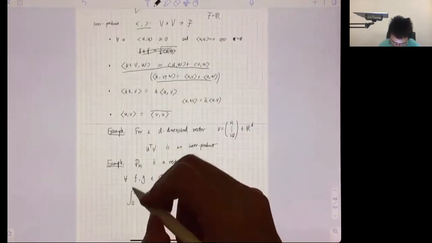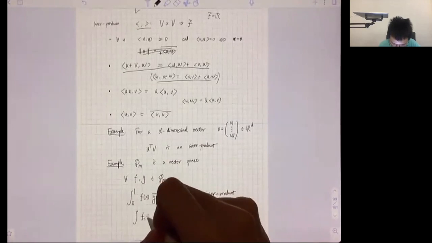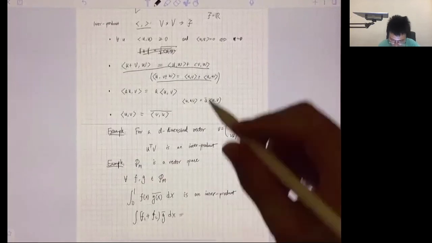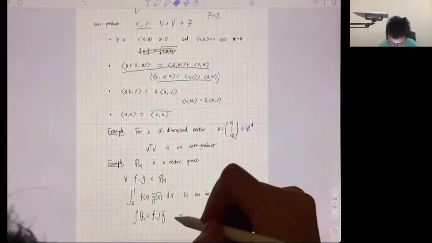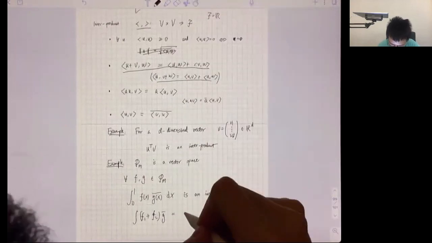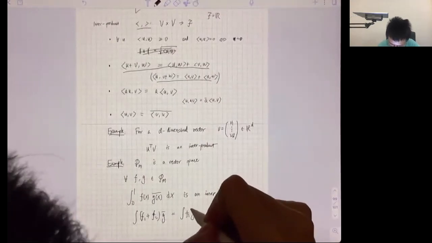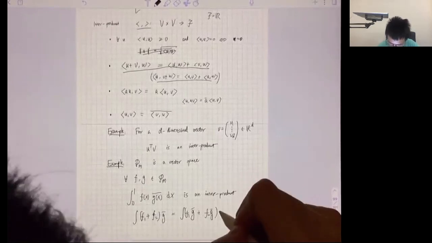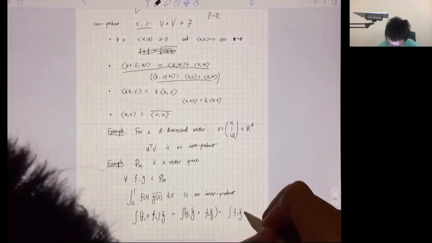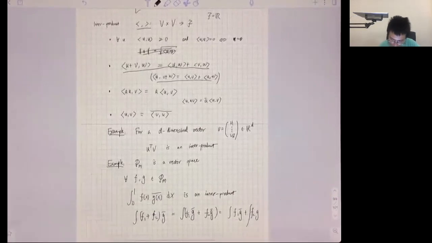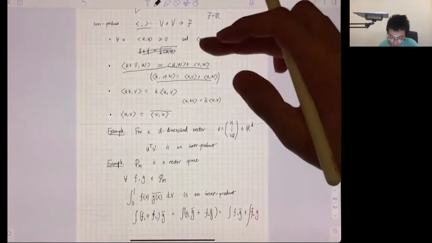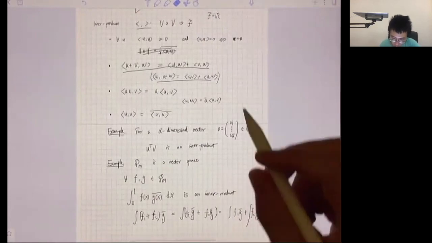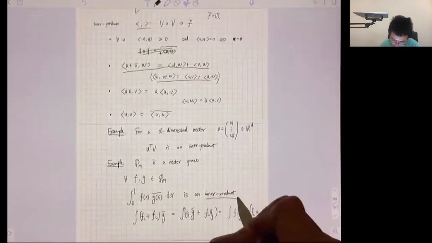So I say the integral of f1 plus f2 times g complex conjugate is, I don't even have to say dx, just for simplicity, just f1 g complex conjugate plus f2 g complex conjugate, then it's the f1 g plus f2 g, okay? So it's almost obvious that it satisfies all the constraints here. So it's an inner product.